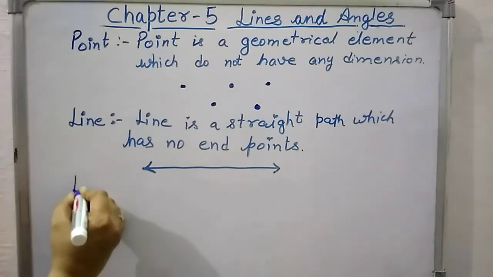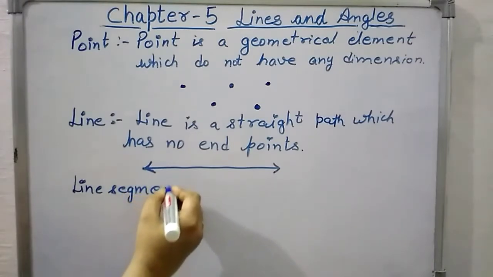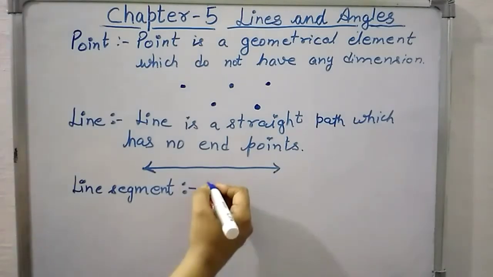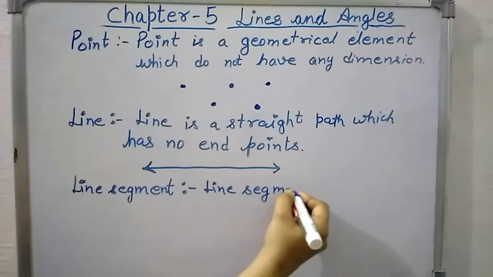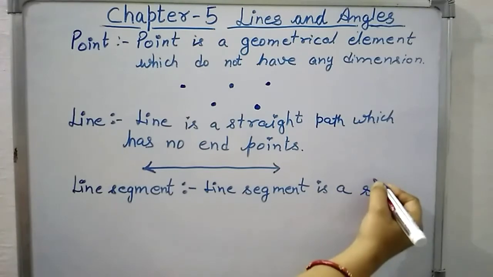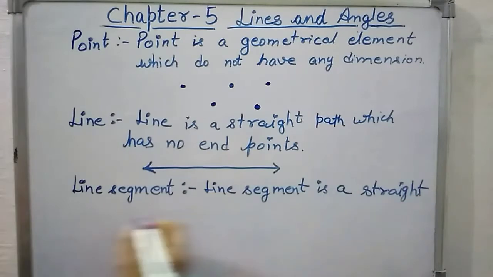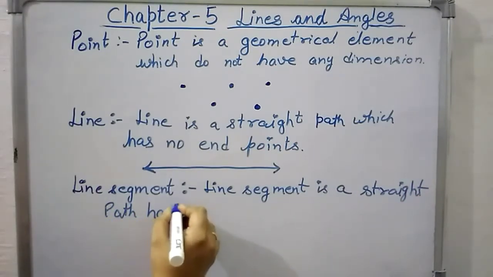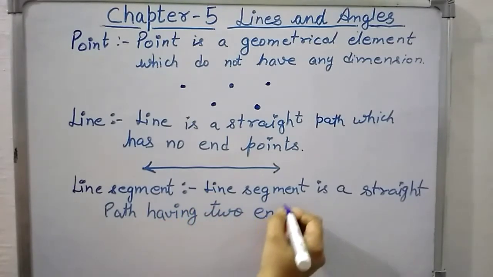Next is line segment. Now this line segment is a straight path having two endpoints.